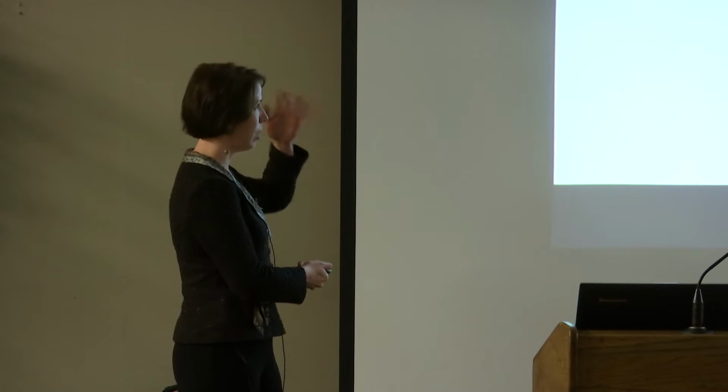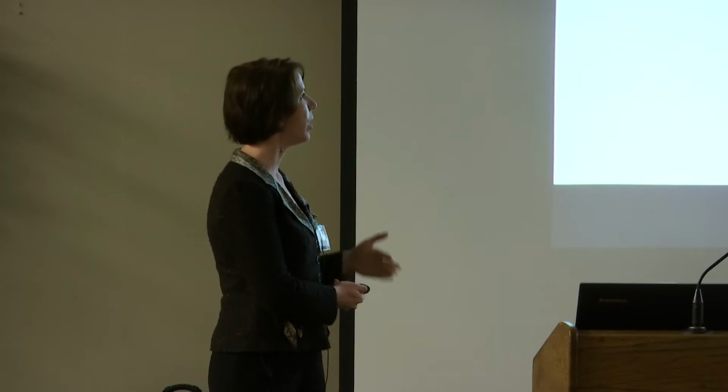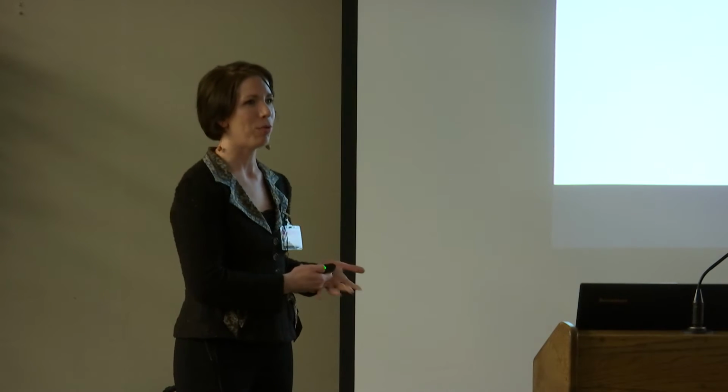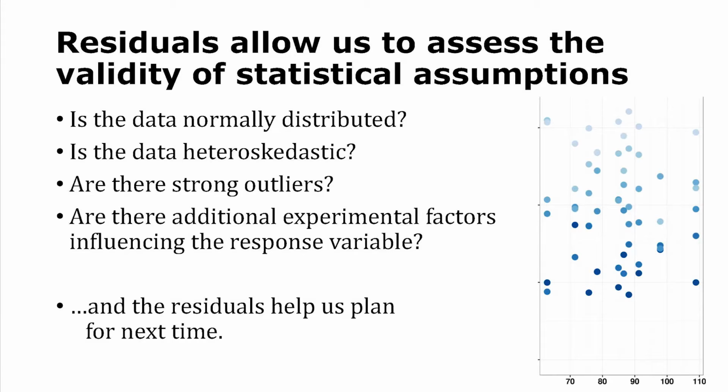Some of the questions that you can ask to figure out whether you've violated assumptions are, is the data normally distributed? If it's not normally distributed, there will be clues in the residuals that will help you figure that out. Is the data heteroscedastic? I put this here because it's a nasty big word that makes sense to statisticians, and often in statistics there are big complicated words that actually mean very simple things.